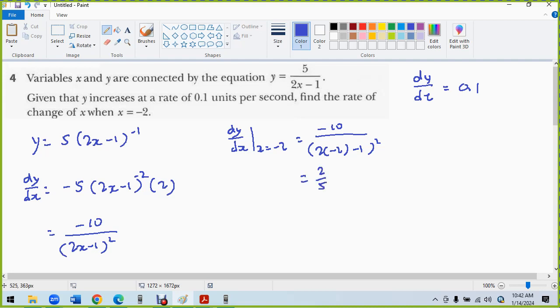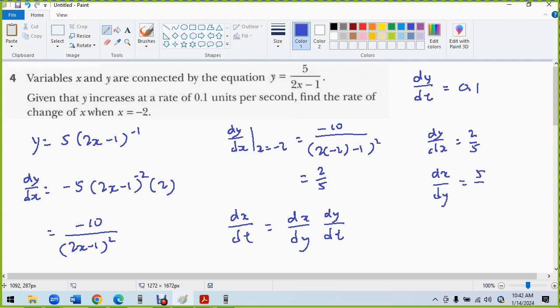So we want to find dx/dt. We have dy here. We know that dy/dx is negative 2 over 5. So dx/dy will become negative 5 over 2, because it's 1 over this one.